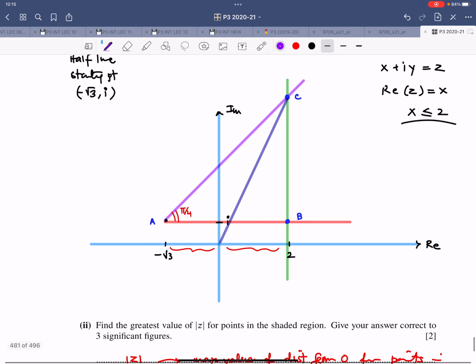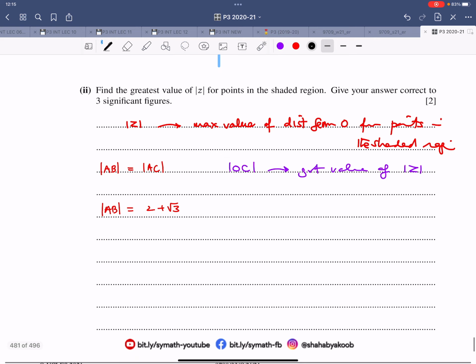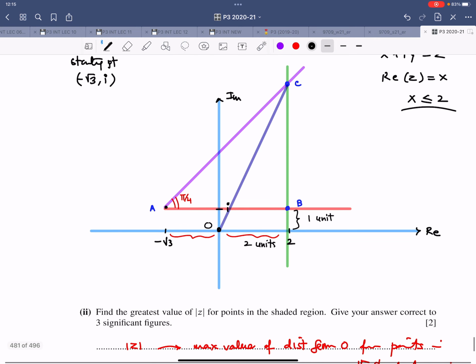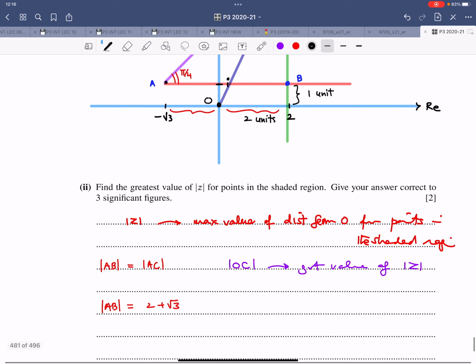Now how do I calculate this? This is your origin O. I have this as 2 units, this as 1 unit, and I have CB, the same as this. We have CB because AB and BC, because of the isosceles triangle, are the same.